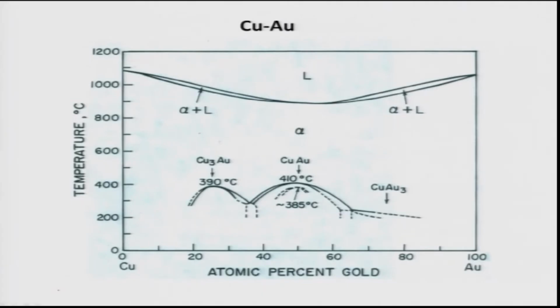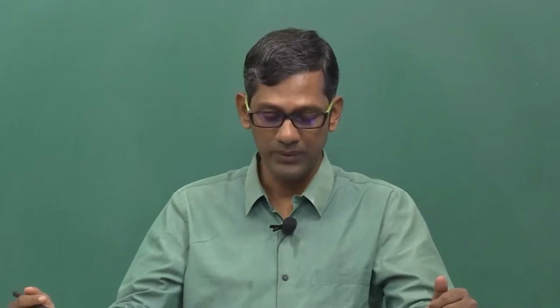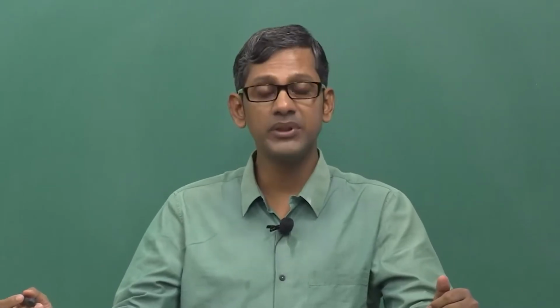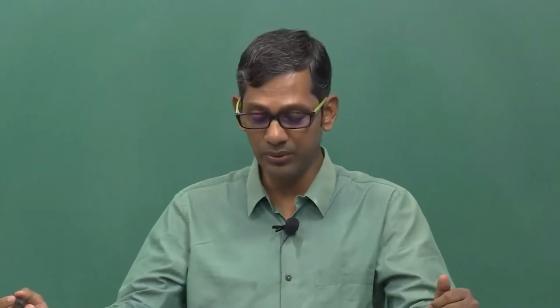At lower temperature, depending on the compositions of the alloy, that is depending on the concentrations of the gold in the alloy, three different types of phases can form. One which is a stoichiometric composition of Cu3Au, second one stoichiometric composition of copper 50, gold 50, that is AuCu, and third one which is a stoichiometric composition of CuAu3.